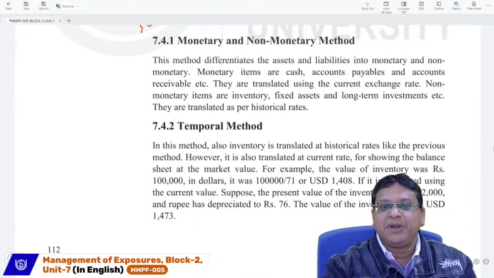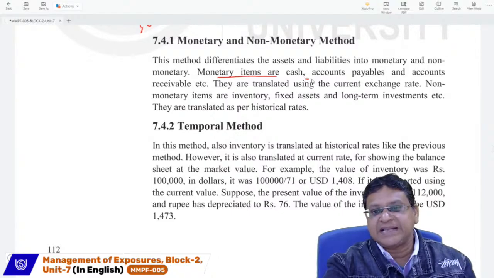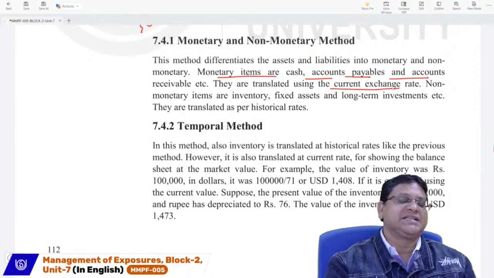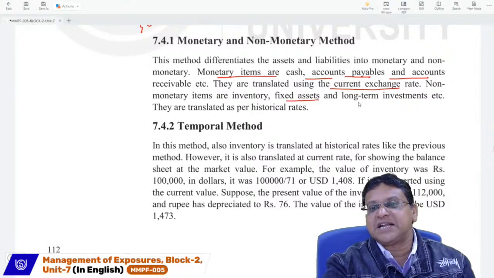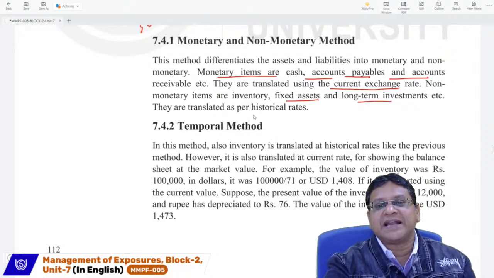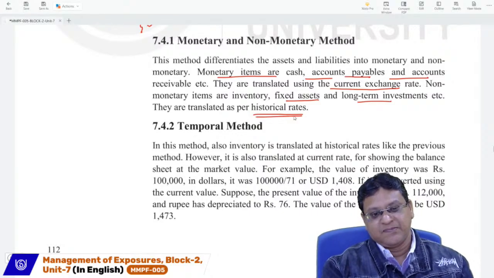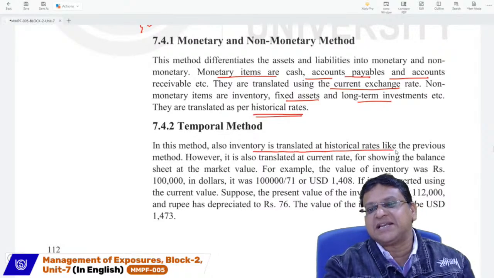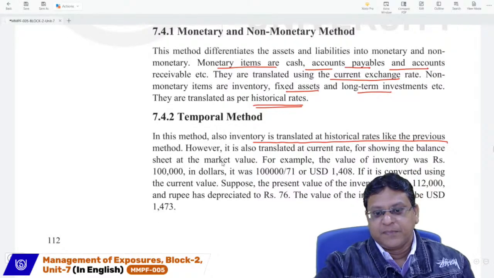Under the monetary non-monetary method, the monetary items like cash, accounts receivable, payables are translated using the current exchange rate, whereas the non-monetary items like fixed assets, long-term investments are translated at fixed historical rates. Under the temporal method, inventory is translated at the historical rate only.